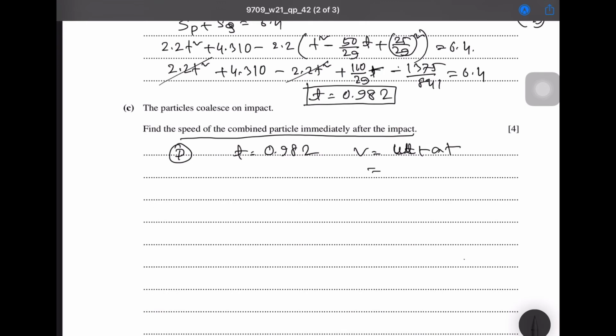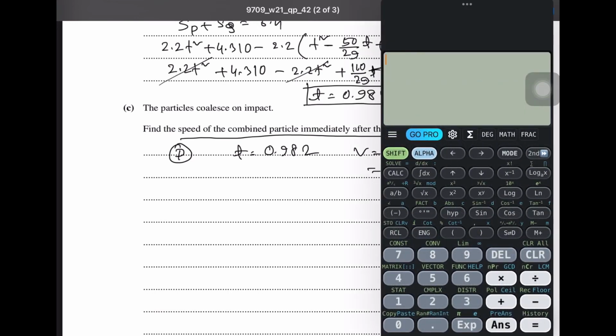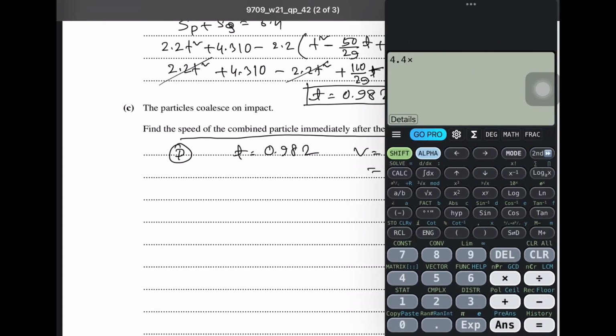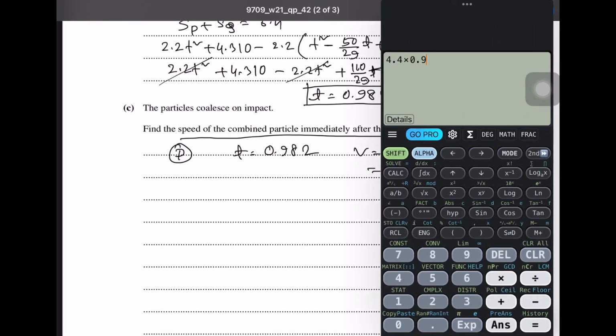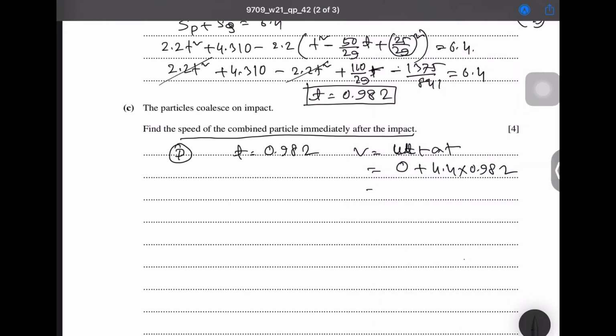Here u is 0 and a is 4.4, times 0.982, which simplifies to 4.3208.